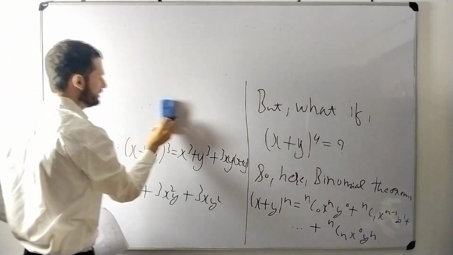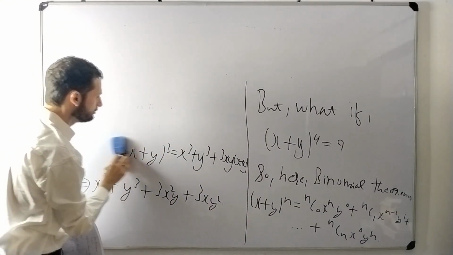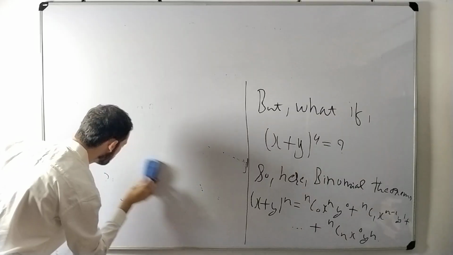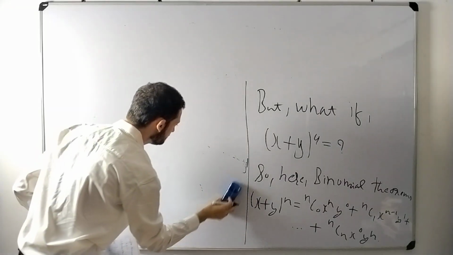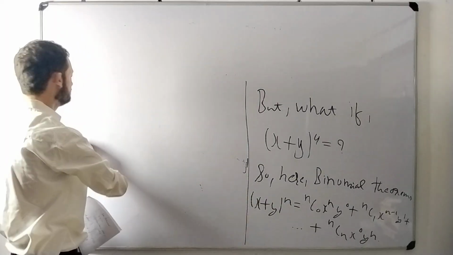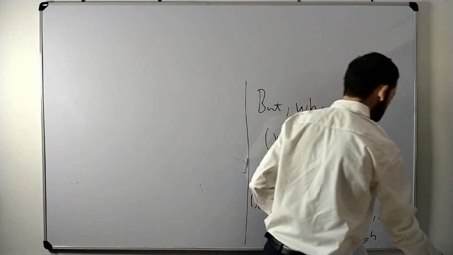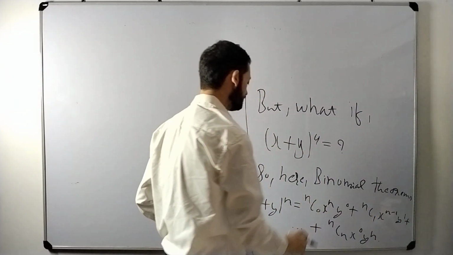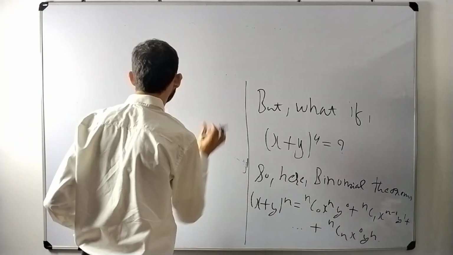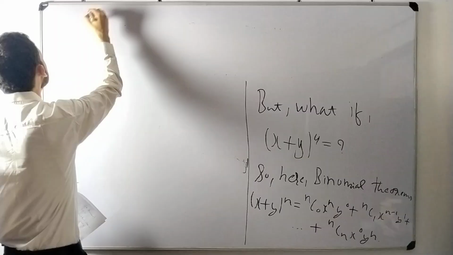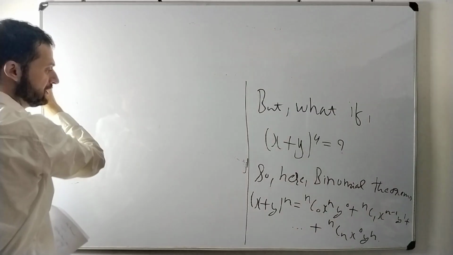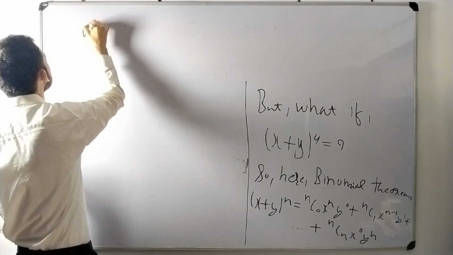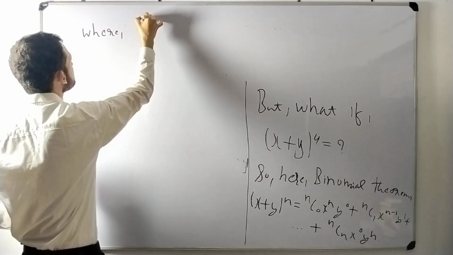So this is n combination r, where r is the remaining number. nC0, nC1, up to nCn, is read as n combination 0 and so on.